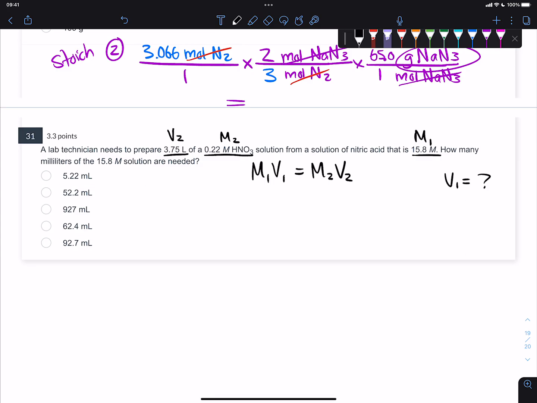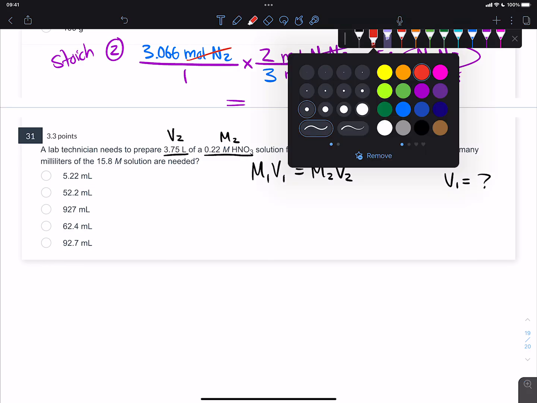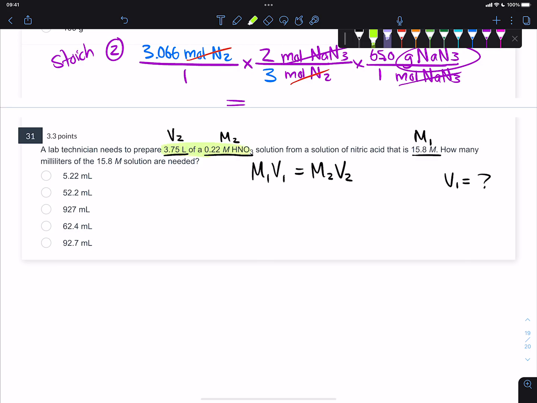That's what you're figuring out. How much of this concentrated solution do they need in order to create a more dilute solution? So the dilute solution is going to be here in green, and that's what you're making at the end. And then the concentrated solution is what we're trying to figure out, where it says how many milliliters are needed.